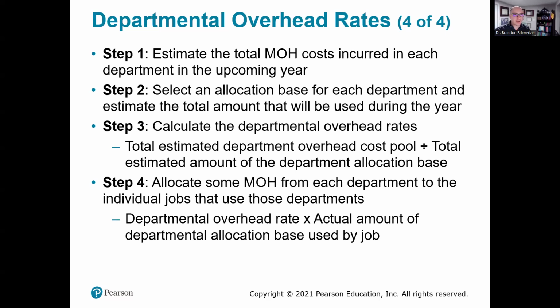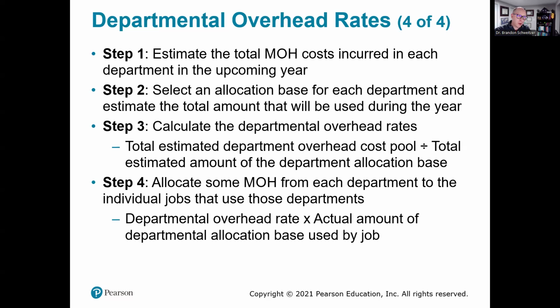So in order for us to be able to apply a department rate, we go through these four steps in the process. Step one is to estimate the total manufacturing overhead costs incurred by each department for the upcoming year. So we want to separate those estimates out.